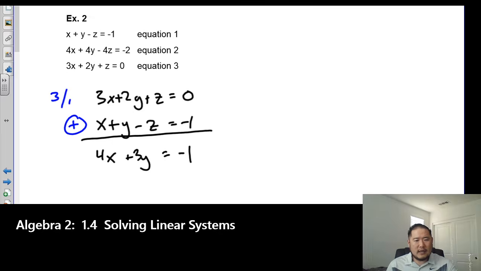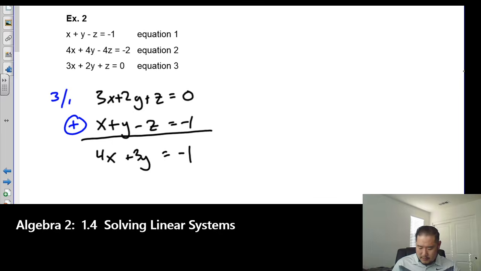Okay. I also need to choose another 2 equations. Remember, it could be 1 and 2 or it could be 2 and 3. It doesn't matter which one. Let's try right here. I would say equations 2 and 3 might be better aligned because right here one of the variables for z happened to be positive and the other one negative.